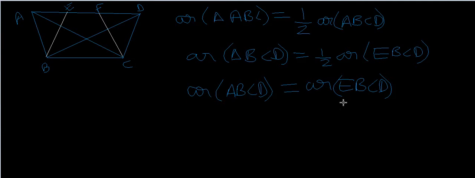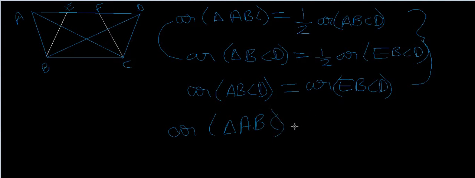Now, if area of both these are equal, then from these three equations, if these two are equal, then these two should also be equal. That is, area of triangle ABC would be equal to area of triangle BCD. Hence, we have proved that if two triangles lie on the same base and between the same parallels, then their areas are equal.